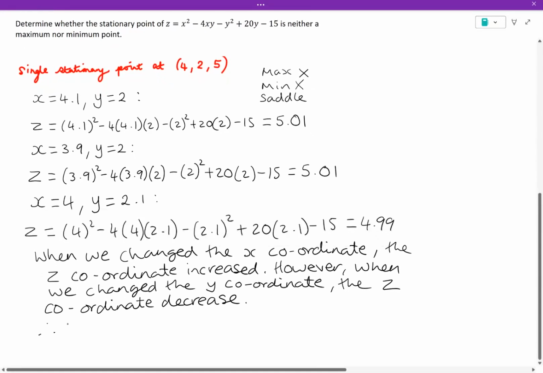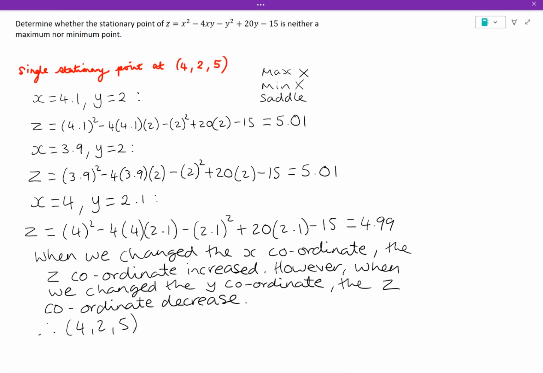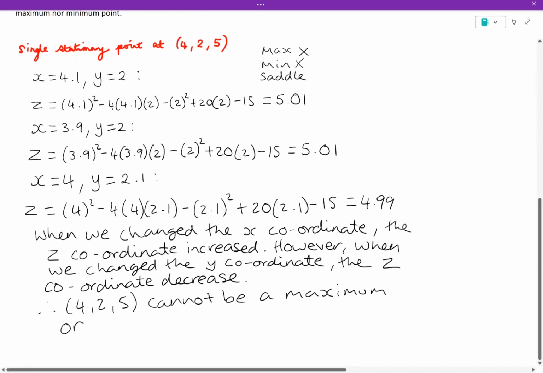Therefore, (4, 2, 5), which is the stationary point we were looking at, cannot be a maximum or minimum point.